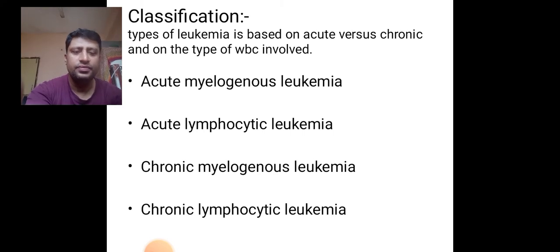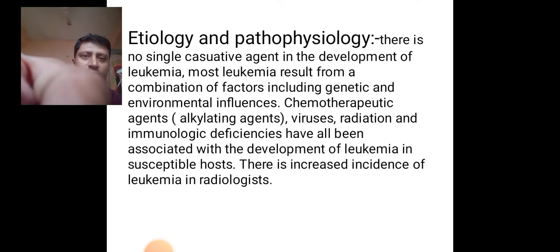If we see the classification of leukemia, this classification is based on acute versus chronic and the type of WBC involved. The terms acute and chronic refer to cell maturity and nature of disease onset.